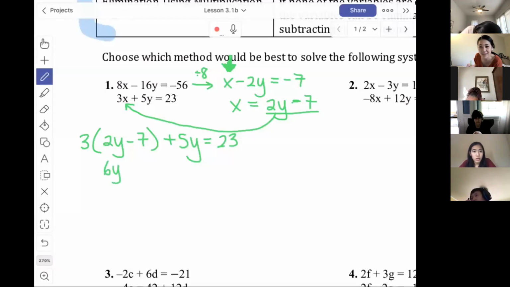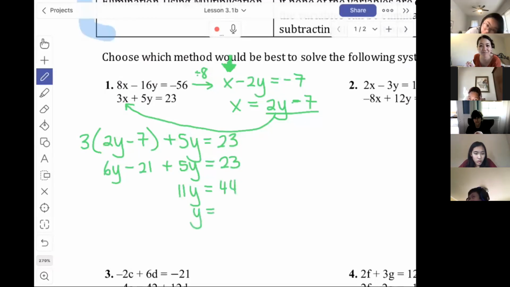Keep going, Alyssa. Minus 21. Sorry, the audio and visual is lagging for me. Oh, okay. It's okay. All right. I'll help you out here. Plus 5y is equal to 23. I get 11y is equal to 44.